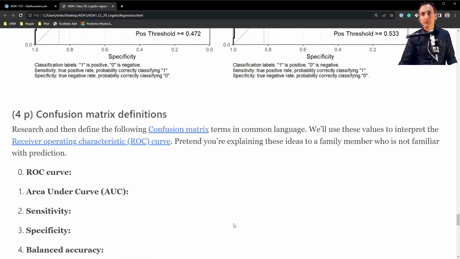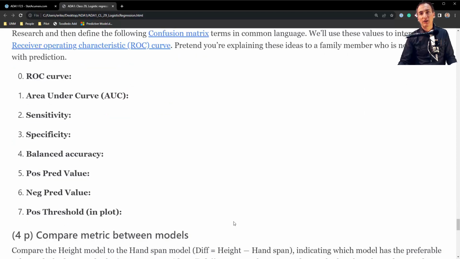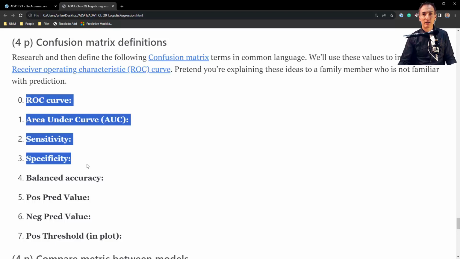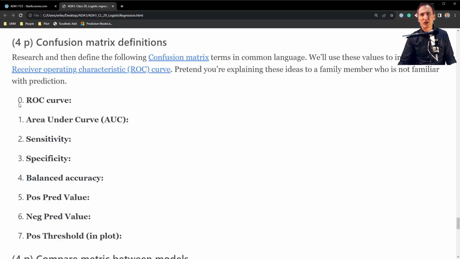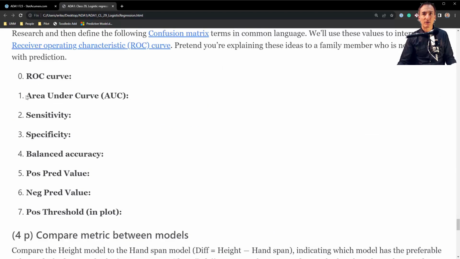Okay. So first thing we need to do is learn about a lot of these terms. I started with 0 because ROC curve is just defining what this curve is, and then the rest are specific aspects that we learn from that curve.